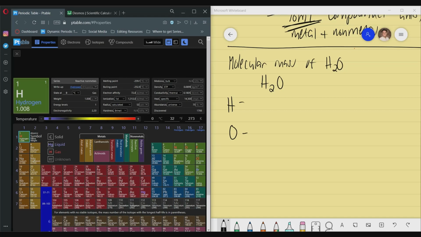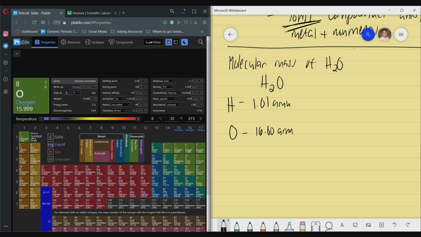So let me write only the value up to two decimal places. That will be 1.01 AMU. Then you have your oxygen, which is 15.999. So I'll be getting 16.00 AMU, rounded off up to two decimal places.